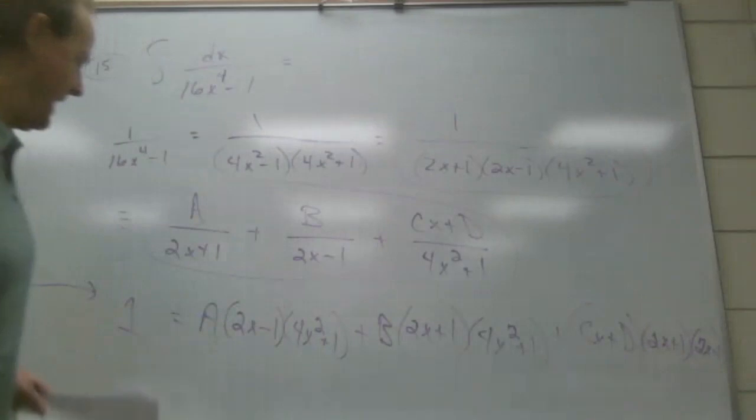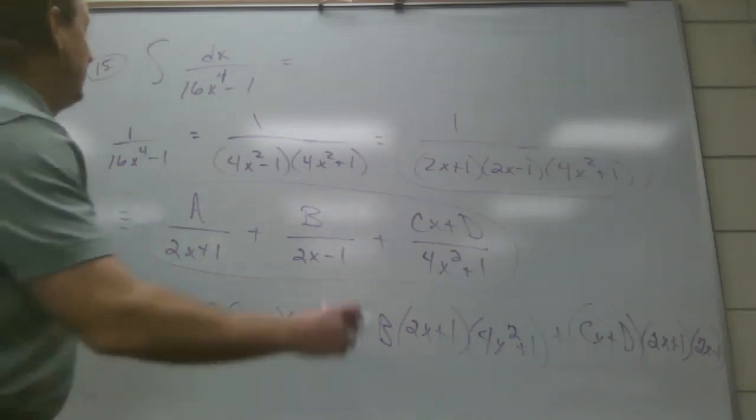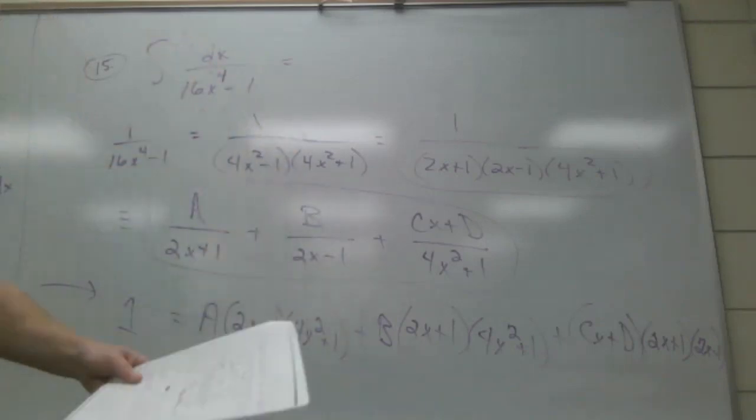Okay, everybody good with that, multiplying through by the denominator, clearing the denominators out? Then really what I have to do is solve for A, B, C, and D so that I can figure out how to rewrite this antiderivative up here.